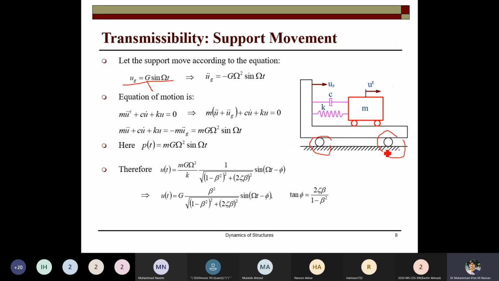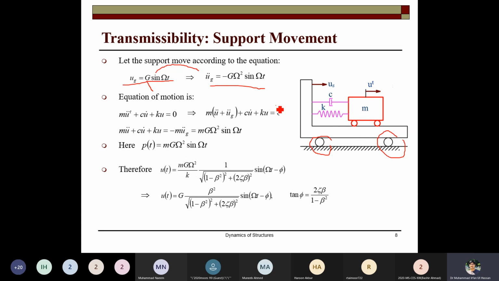Let's say मैं कहता हूँ कि ये 5 इंच मूव हुआ है ground, but अगर आप इसको sinusoidal मूव करेंगे ground को, तो function of the ground motion is g sin omega t, and acceleration will be the second derivative of this. This will give you the ground acceleration.